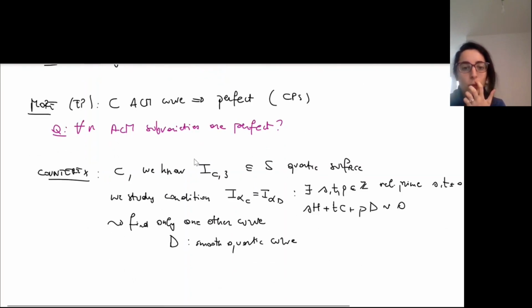And there is only one quadric containing the curve C. And this D is exactly the residual intersection between the quadric and S. Because one intersection of the quadric and S is C, and the other curve is D. And this is the only one satisfying this condition.